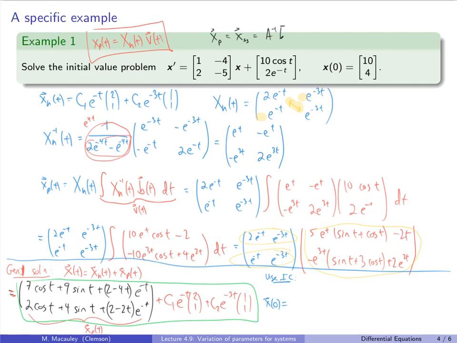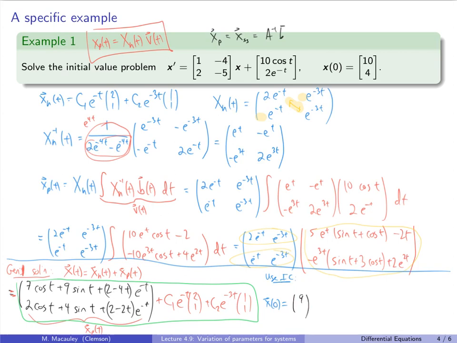So if you take this whole creature and you plug in 0, over here you get a 7 times 1, a 0 here, and a 2 times 1. So you get a 9 up top.